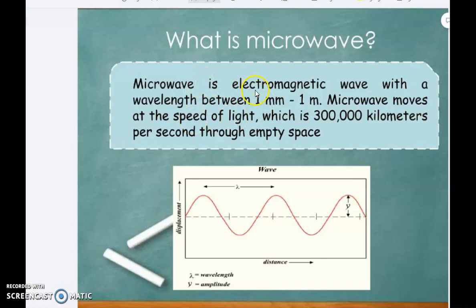But the thing that you have to note here is that microwaves move at the speed of light, which is around 300,000 kilometers per second, but it has to be in empty space.